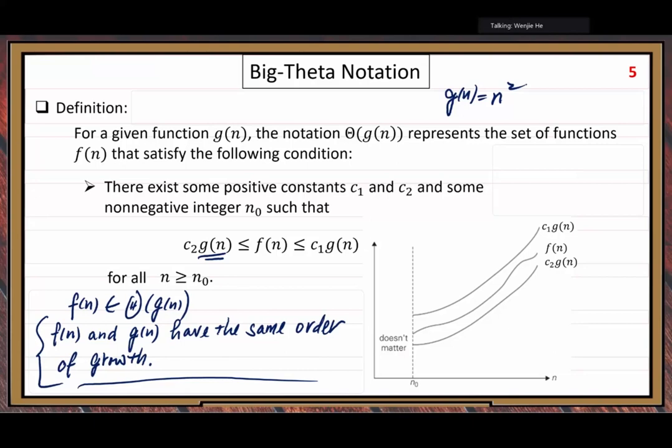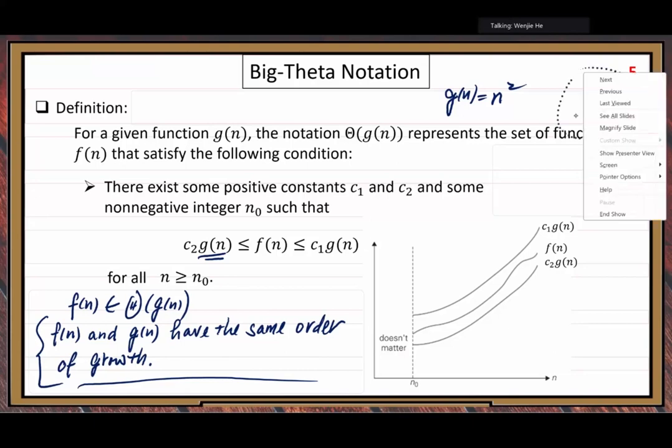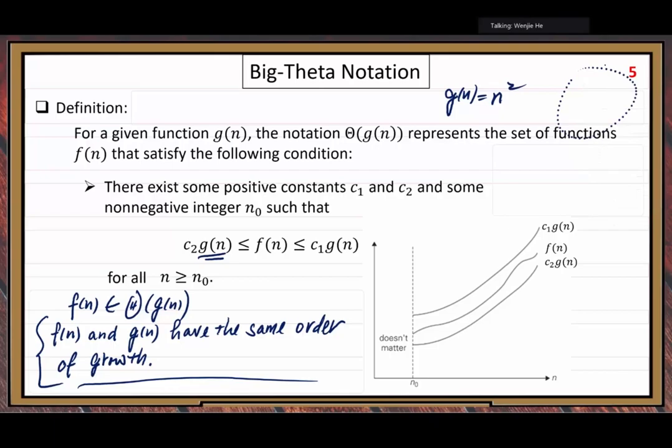Now, we want to define a category of functions. We know a category could be very large. So how do we define a category that contains the g function? We use a simple way.